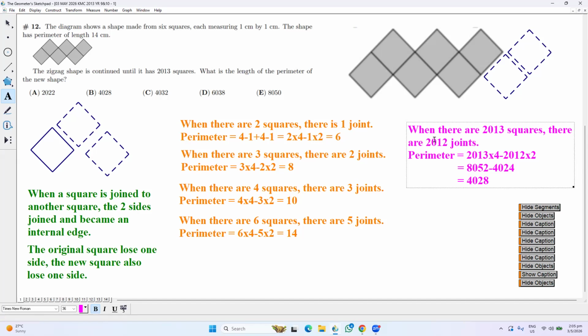So 2013 squares, 2012 joints. 2013 squares have 4 sides each, so 2013 times 4. 2012 joints, each with two sides joining to form an internal edge, so 2012 times 2. That is 8,052 minus 4,024, so 4,028.